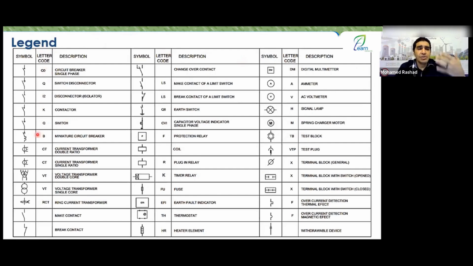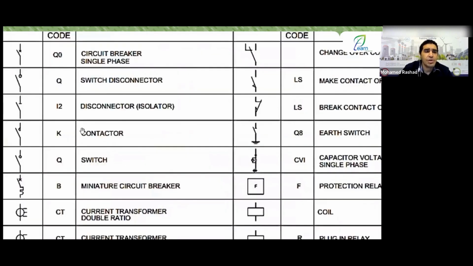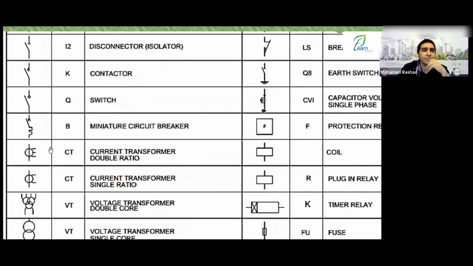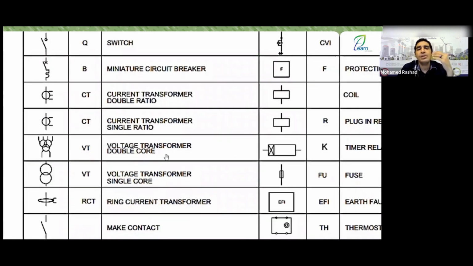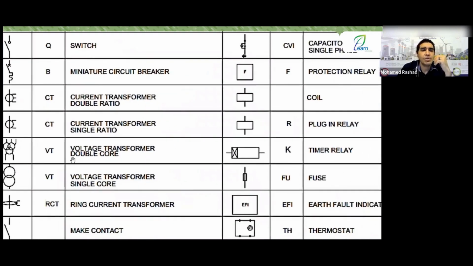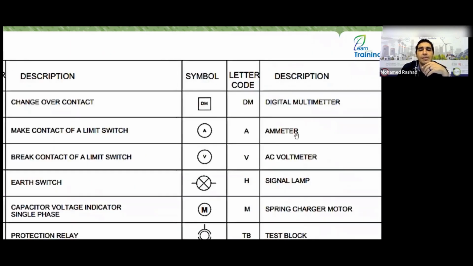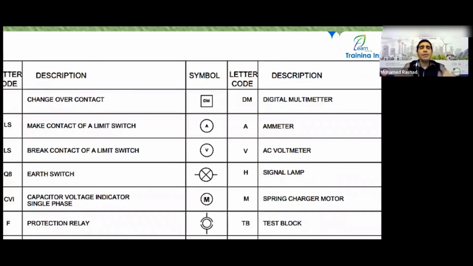This legend is a list of all the symbols that will be drawn inside your drawing. For example, you saw this view and wondered, what is this, engineer? I really don't know what this is. If you refer back to the symbols, it will tell you that this symbol takes the code named B, which means miniature circuit breaker. If you see this view, it's called VT, which stands for voltage transformer. And if I see this view and don't understand it, it's called an ammeter.